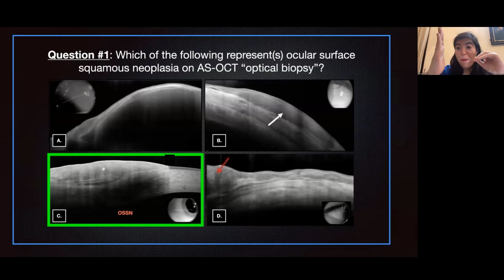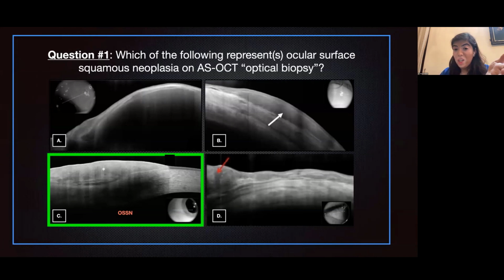There's an abrupt lesion, like you can almost draw it, and I wish I did, but you can see that epithelium has an abrupt transition. So that lesion that has the star asterisk in it, that is OSSN. Now we're not done here, because if this is OSSN, what are A, B, and D?